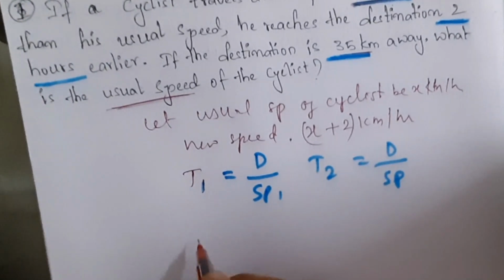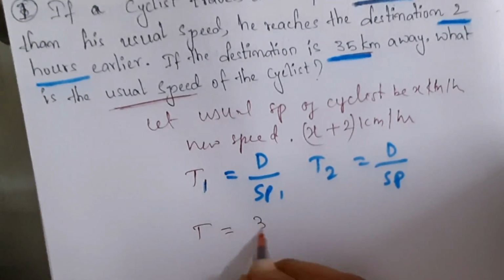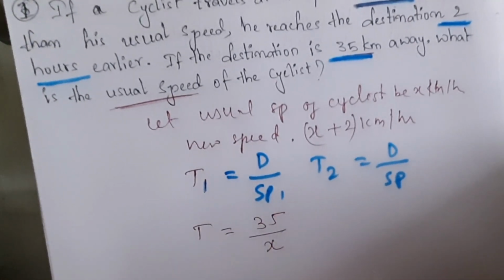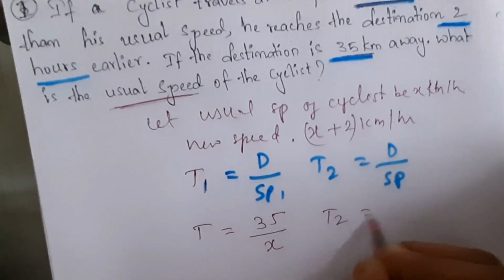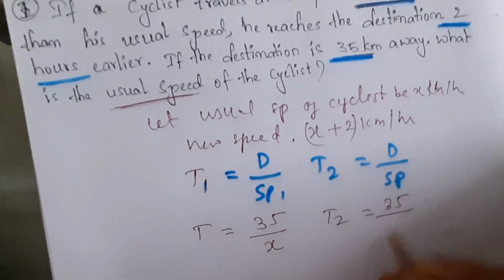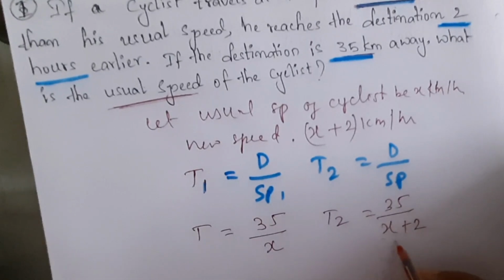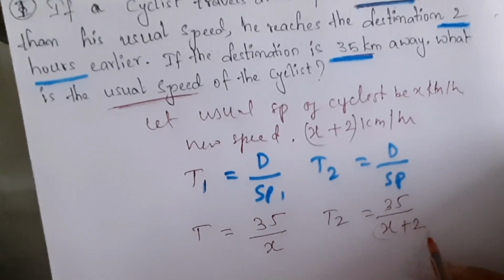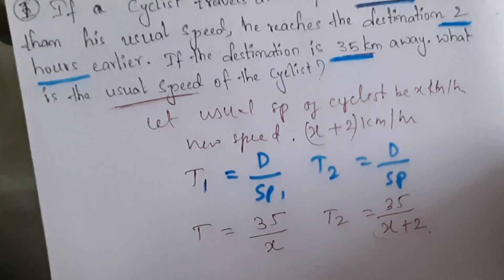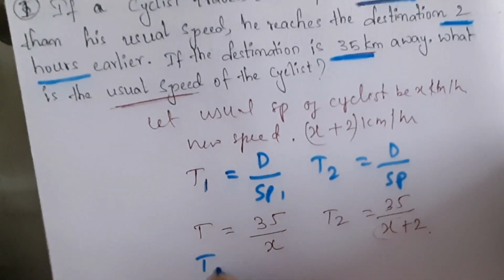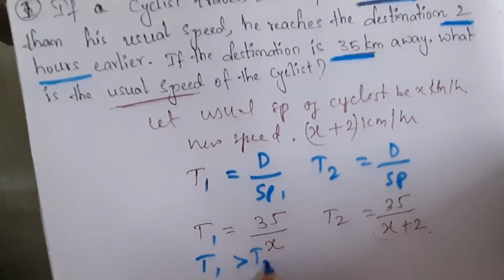So what is T1? T1 is distance 35 km, speed 1 is x. And T2 is distance 35 km, speed 2 is x plus 2. It's obvious that when someone moves with more speed, he takes less time. So here T1 is greater than T2.